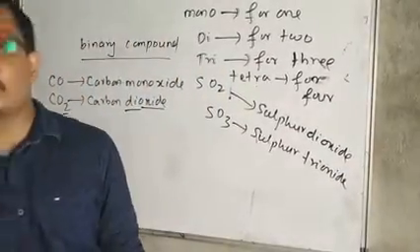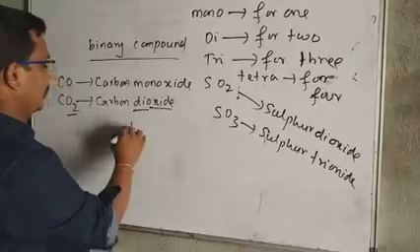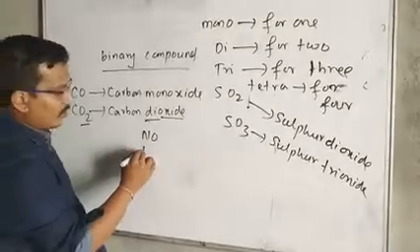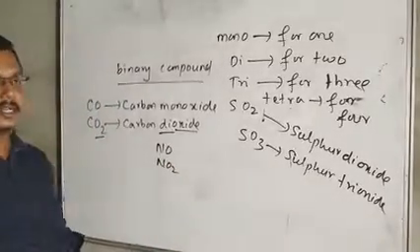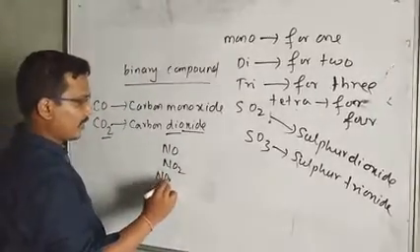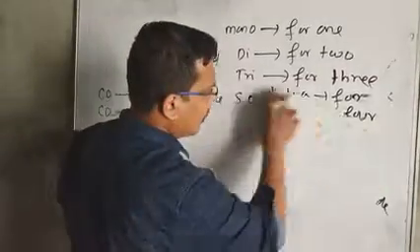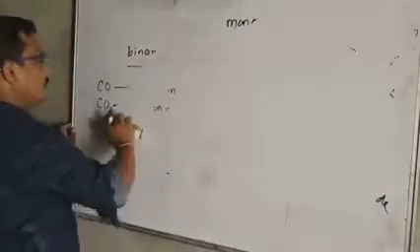Similarly, NO is nitrogen monoxide. Next is NO2, that is nitrogen dioxide. NO3, nitrogen trioxide. Like that, we can name various types of compounds depending upon this mono, di, tri, tetra, etc.